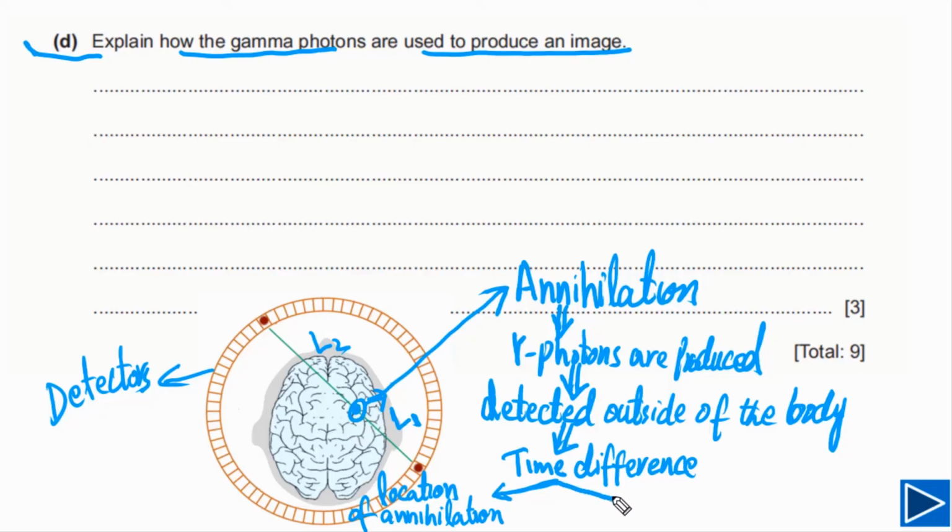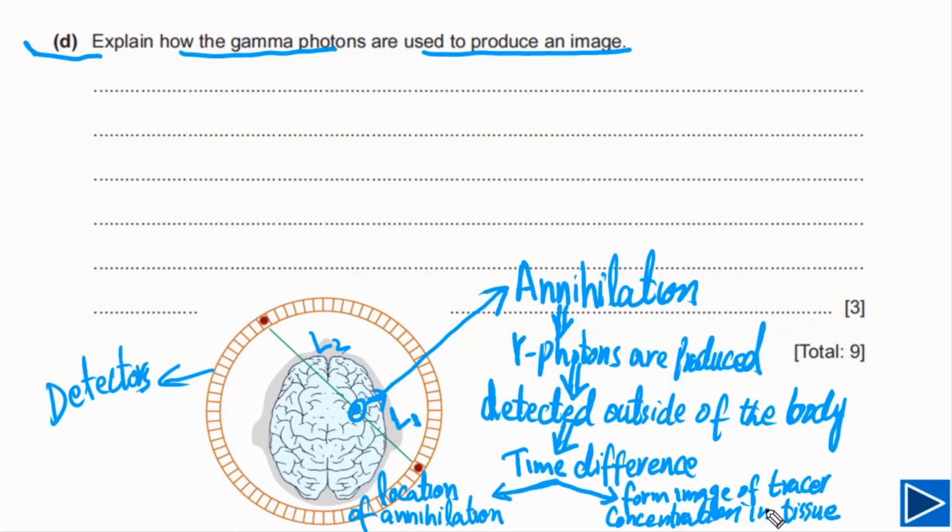And second, this time difference can also be used to form an image of tracer concentration in the body, or in tissues. If the concentration is higher, it means more gamma photons will be detected.